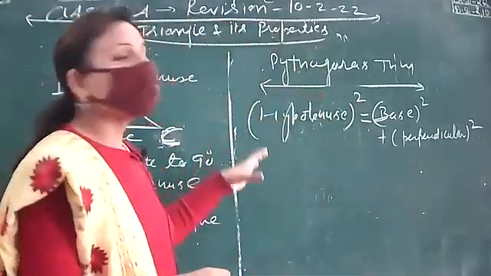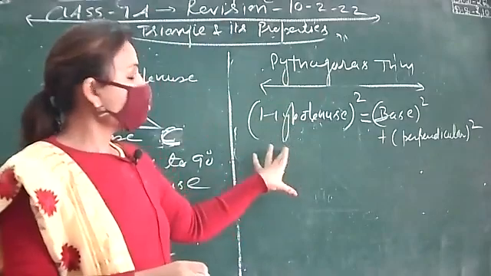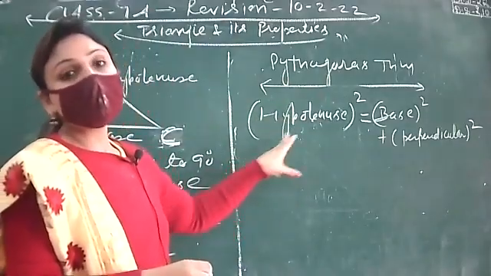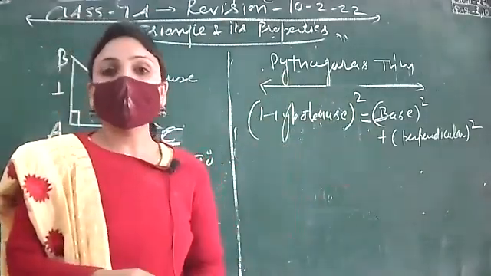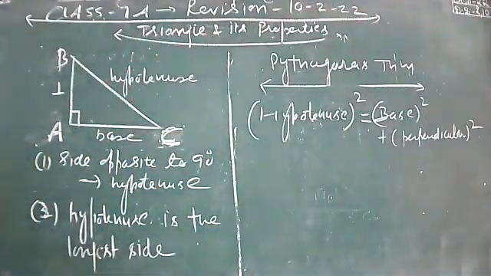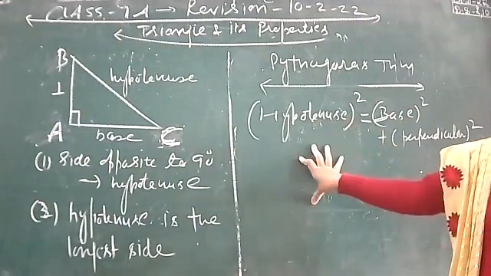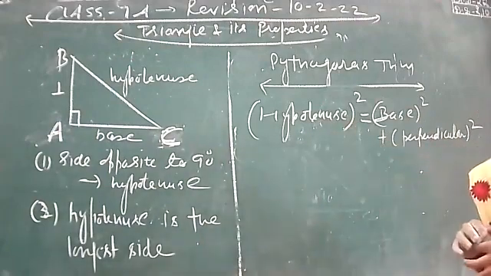And if in a triangle, this relation is satisfied, that means square of the longest side is equal to sum of the squares of the other two sides, that triangle is surely going to be a right angle triangle. And if three numbers satisfy this property, that square of the bigger is equal to the sum of the squares of the other two.